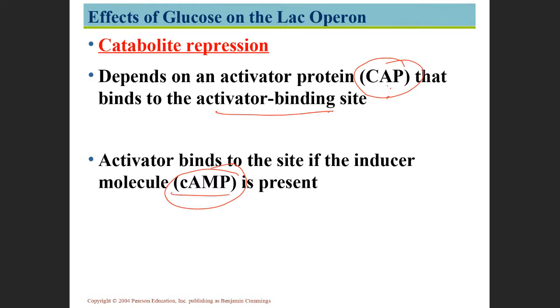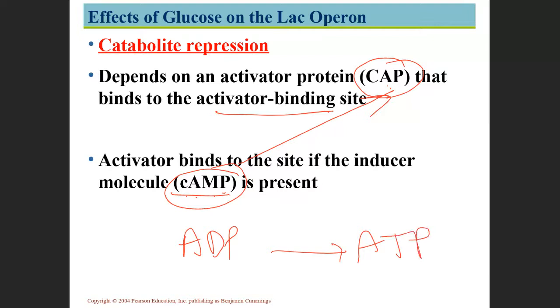So cAMP makes CAP possible. Cyclic AMP is related to ADP, which is the precursor to ATP. So we go AMP, ADP, ATP.